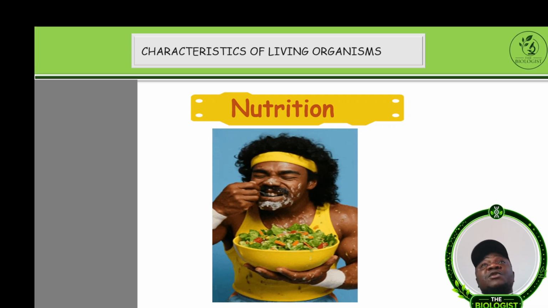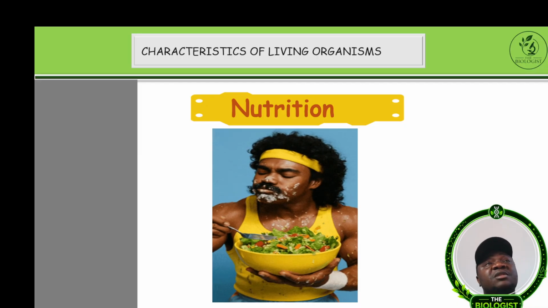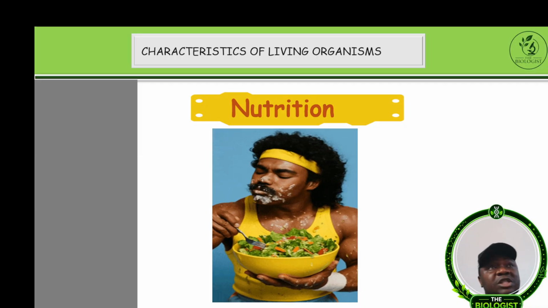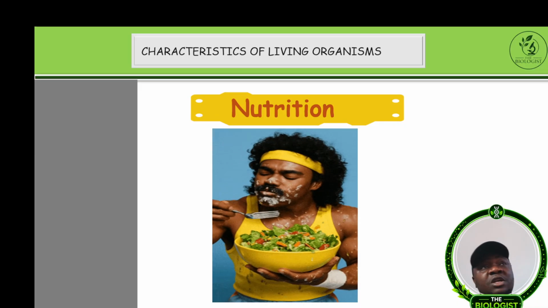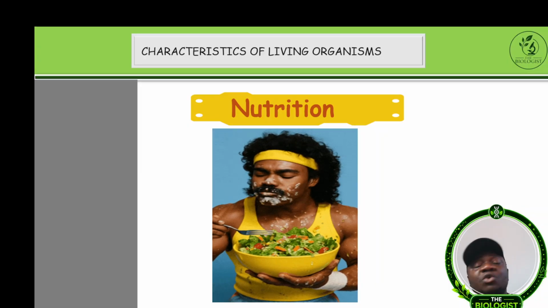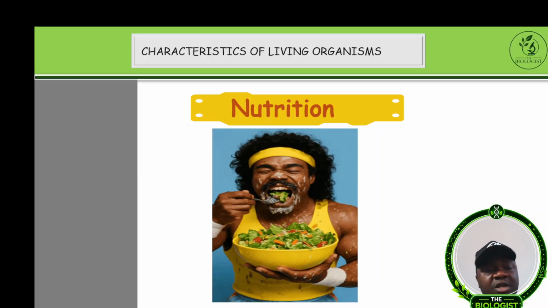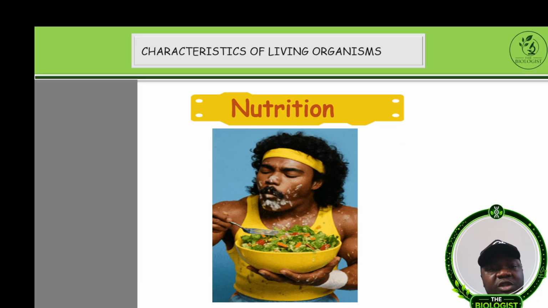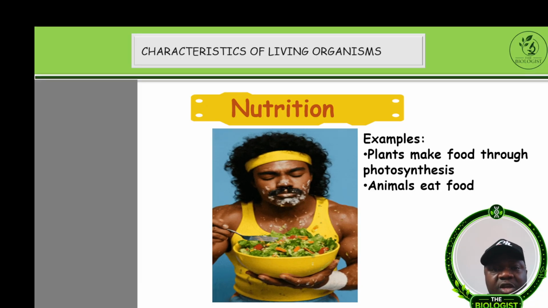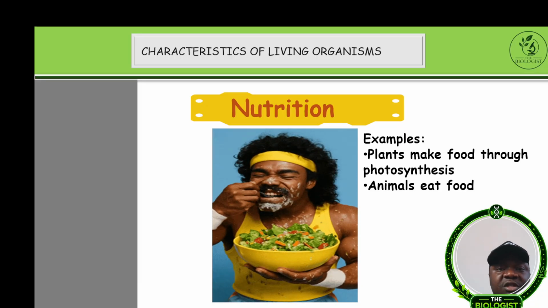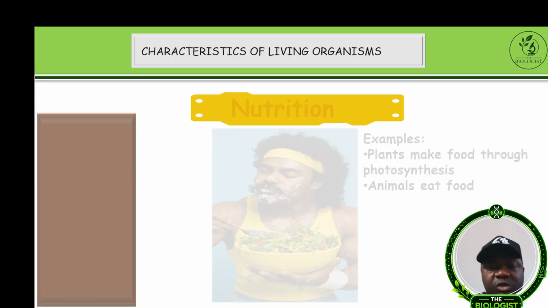There are also organisms that feed on both flesh and plants, that is omnivory. And we have organisms that feed on dead organisms, which we call scavengers. So all organisms have their own feeding pattern for them to be able to survive. This is one of the characteristics of living things. Plants make food through photosynthesis, and animals eat food.